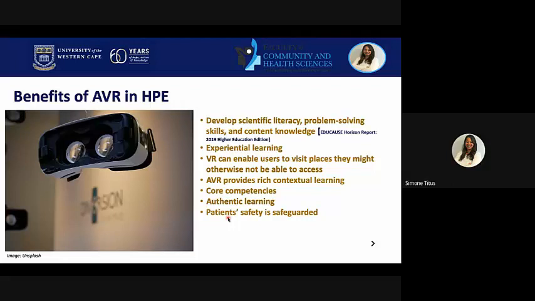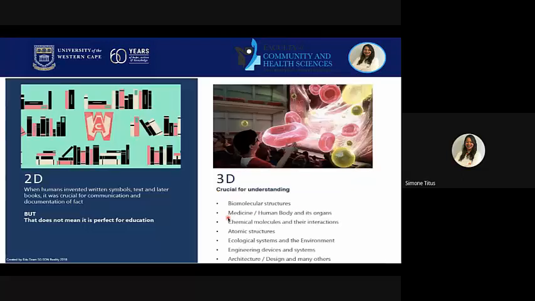Similar to Learning Science UK, where a student doing an experiment using a pipette in the virtual space can do the experiment multiple times. There's a saving on resources, on materials, and all of those things.